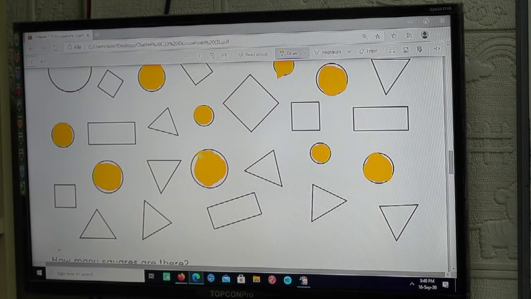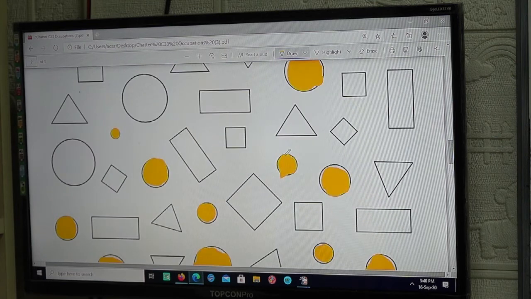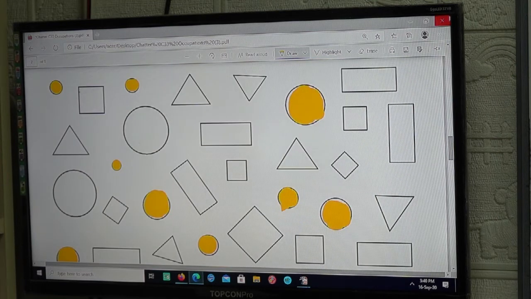We will count them a while later, so the first thing you need to do is color.